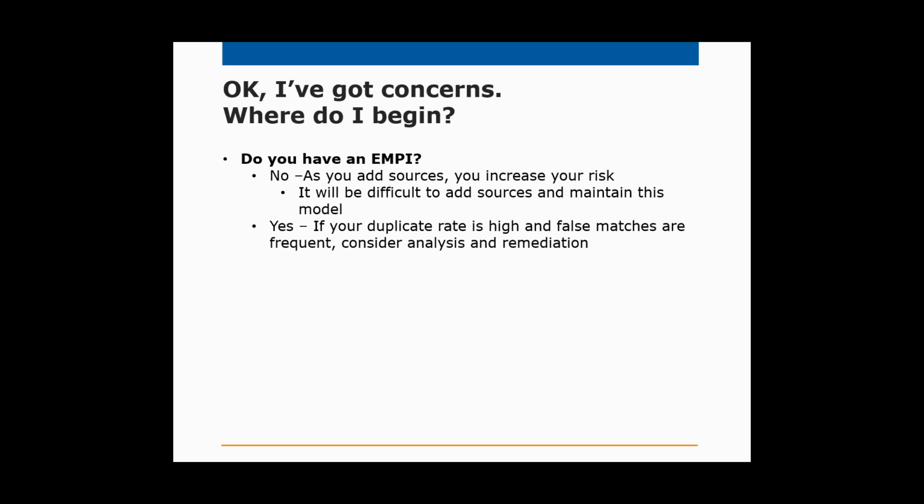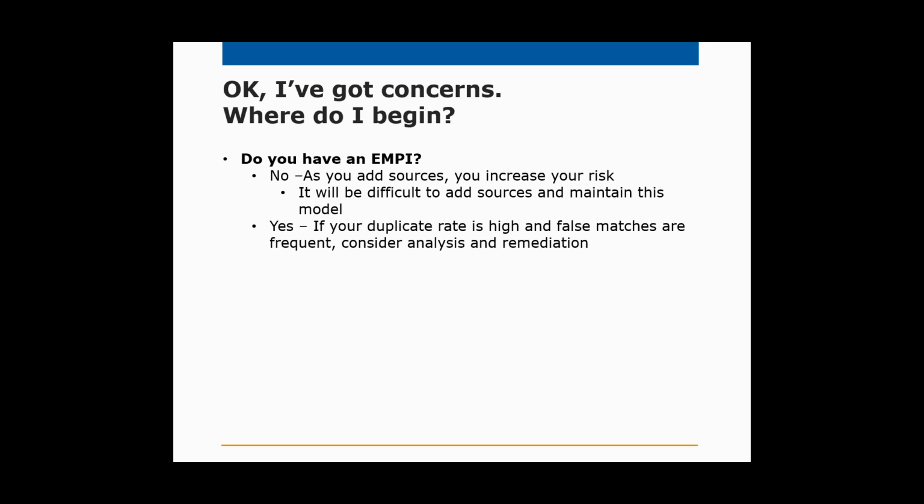If you do have one, but your duplicate rate is still very high, you've got a lot of false matches, then what you want to consider is analysis and remediation, because there are a few big players out there for the EMPIs. If you do have an EMPI, then it's possible that your algorithms are off. If things are wrong, you want to look at the data.